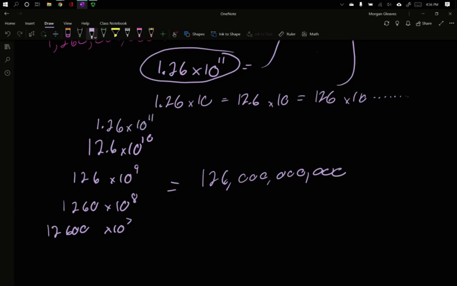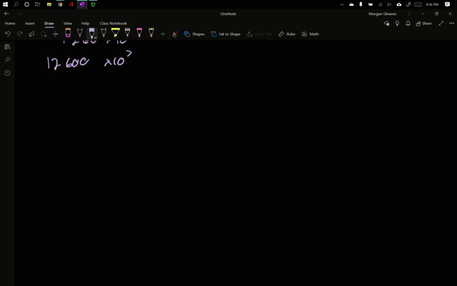Scientific notation says of all your options, pick the option that has a single number in front of the decimal. So whatever number we have, we want to shift the decimal until only a single value is in front of it. Let's go with 356,000.